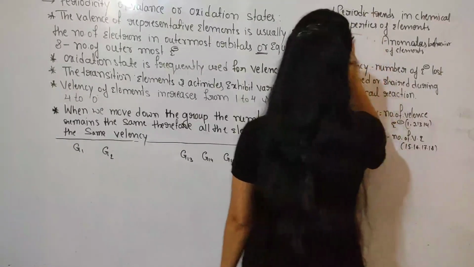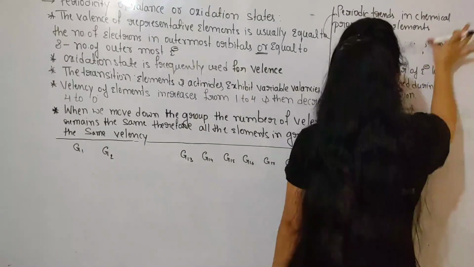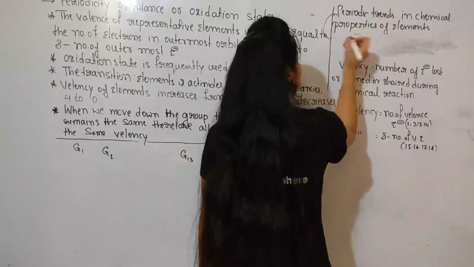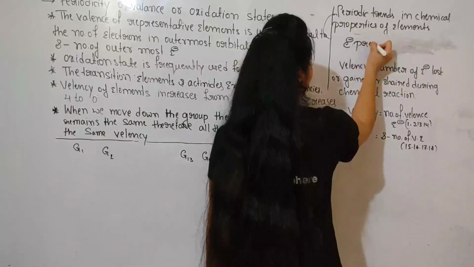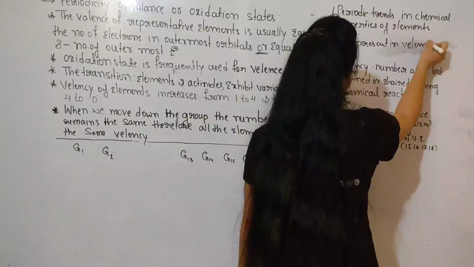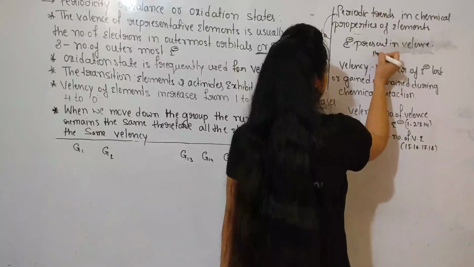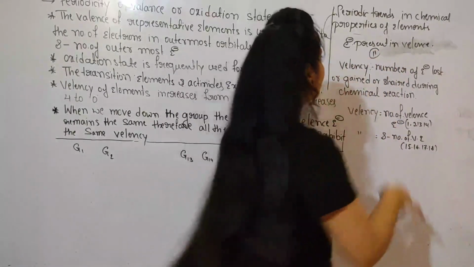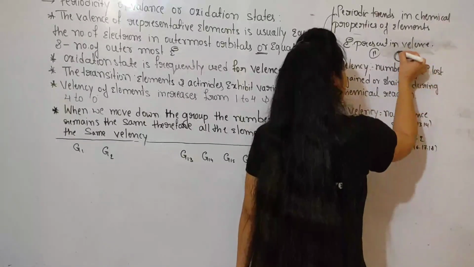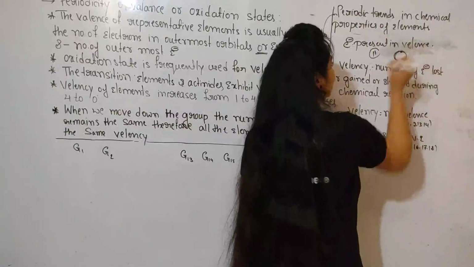Valence electrons means the electrons present in the outermost shell, or the electrons present in the valence shell. Just consider, in a sodium atom we have 11 electrons, and in the valence shell or outermost shell we have 1 electron.